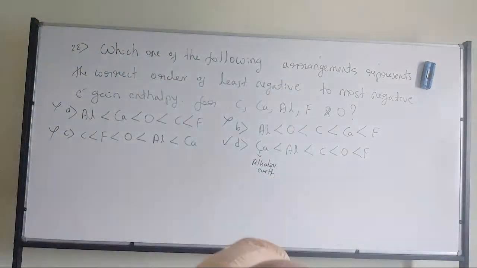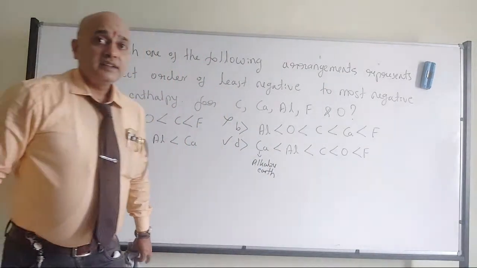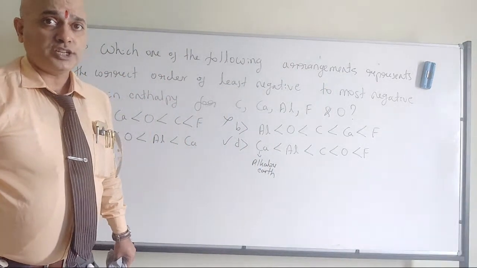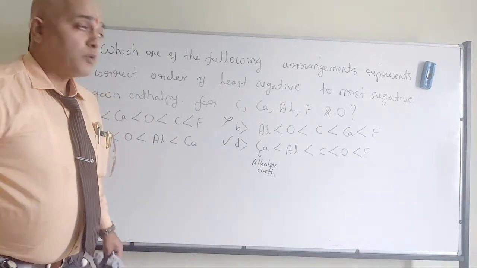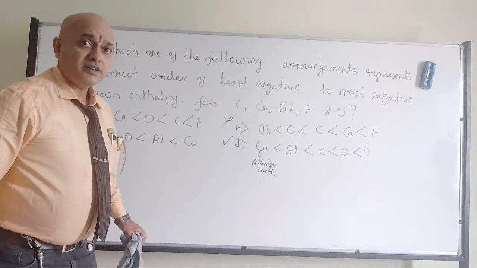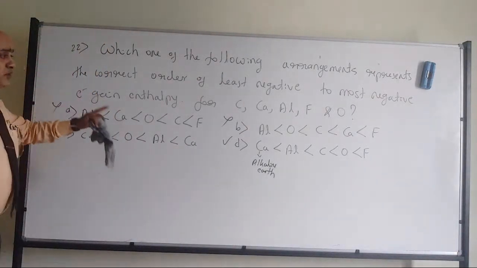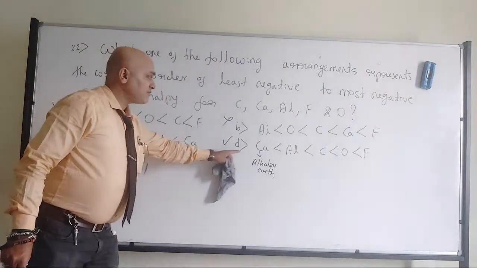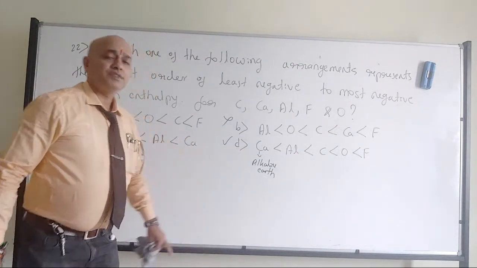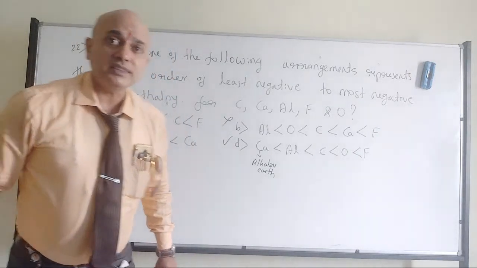Right? Whenever an alkali or alkaline earth metal is there, it should occupy the first position. Less energy will be released because they are poor acceptors of electrons. So among these four options, option D is the one where calcium is in the first position. In the rest of the options, it's not there.